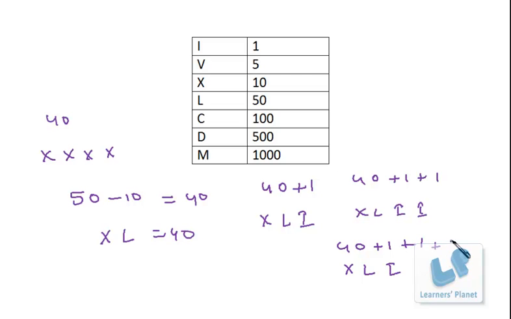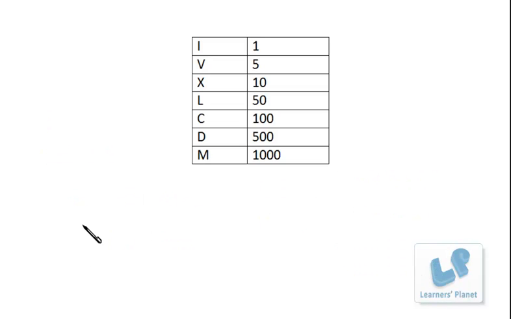I'm sorry, there is one more 1 over there. So XLIII, that is 43. Okay. Now 44. Further it is 40 plus 4. What was 40?